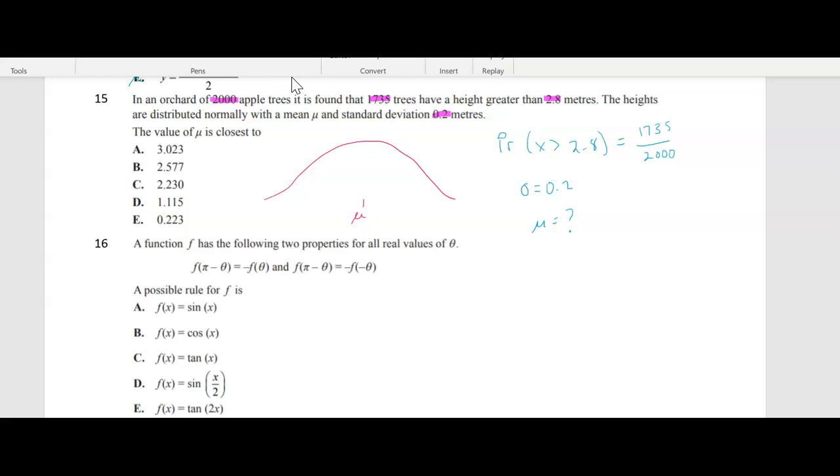Now, because this probability is quite high, 2.8 is probably to the left. So we're going to be looking at this area here being 1735 over 2000. So what we can do is use standard normal distribution.